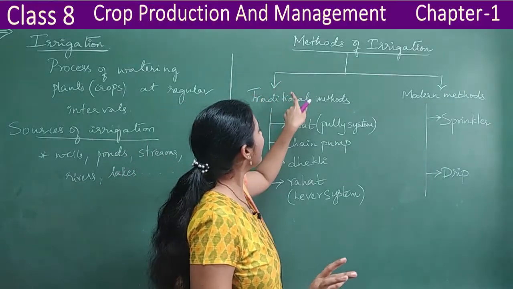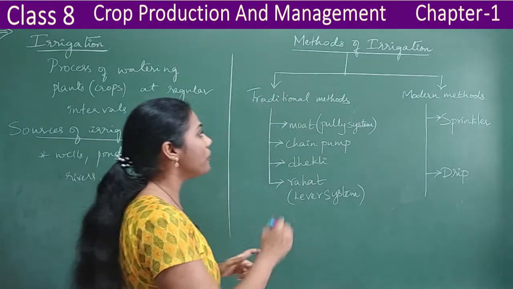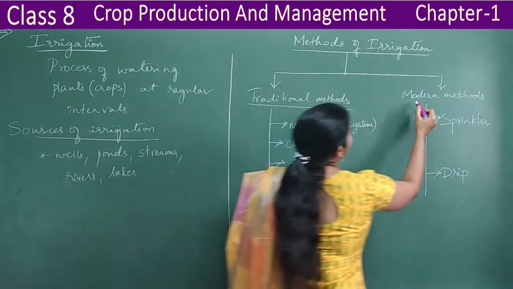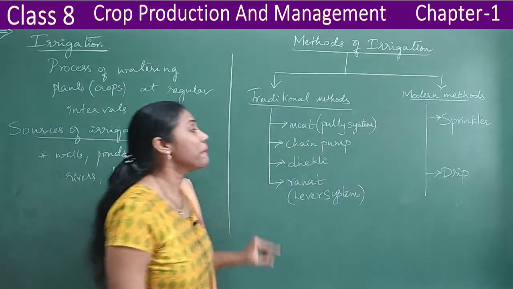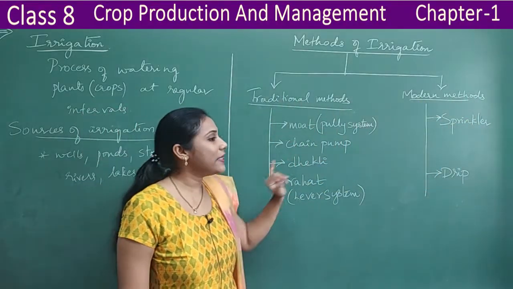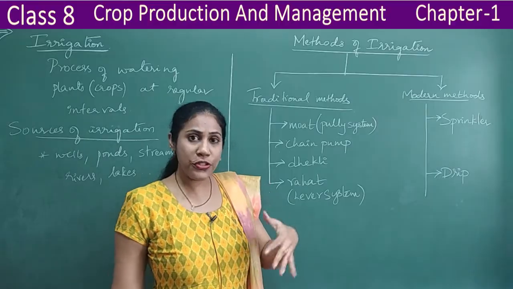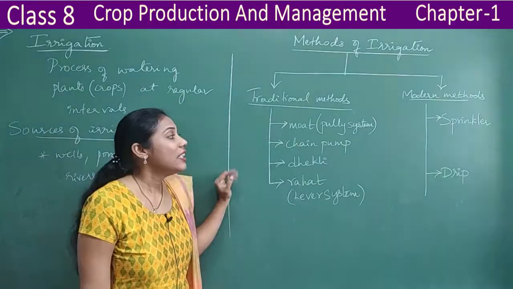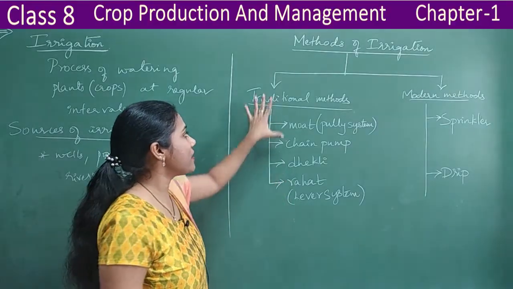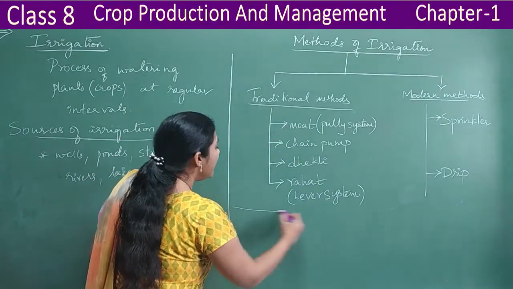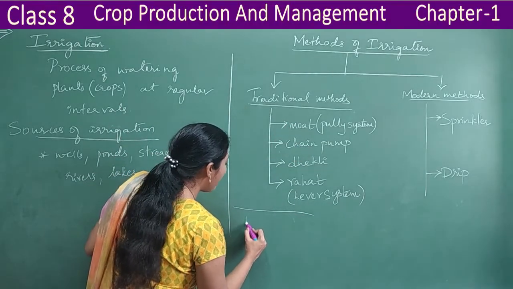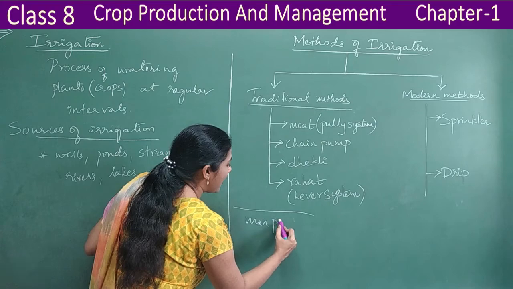There are mainly two methods of irrigation. One is traditional methods, the other is modern methods. Traditional methods are the methods which were used from olden times onwards. In the traditional methods, we require a lot of manpower, right?